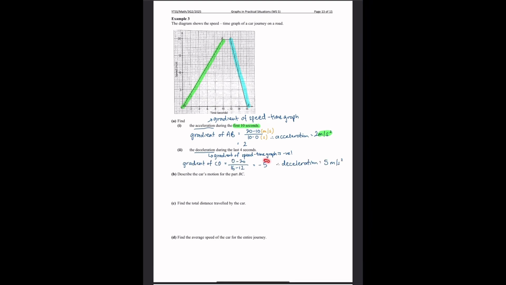Okay, after you have found the gradient of CD, which is -5, because deceleration is the gradient of speed time graph being negative, since the gradient is already negative, I can straight away say deceleration is 5 meters per second squared. Notice there is no negative sign here. So for deceleration, the word accounts for the negative sign already. So deceleration, you can just write the positive value of the gradient.